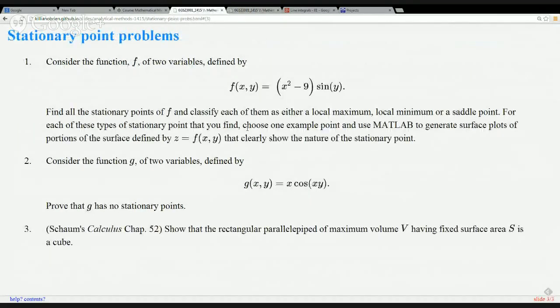But I'd just like to return, so we were doing these problems in the previous hour. I'd just like to return to this last one, just to finish that off for you. So this was back dealing with our stationary point material.